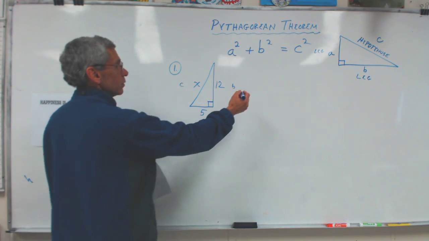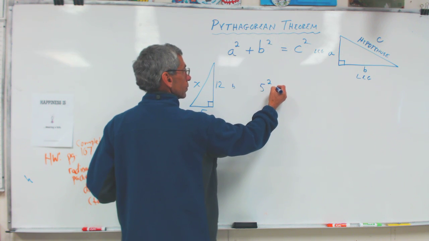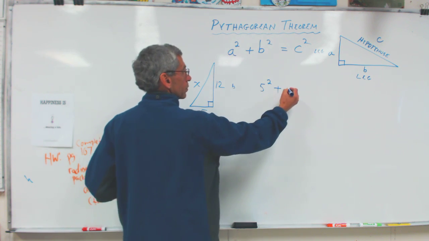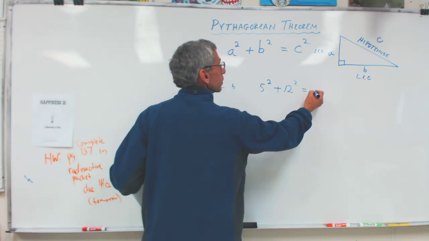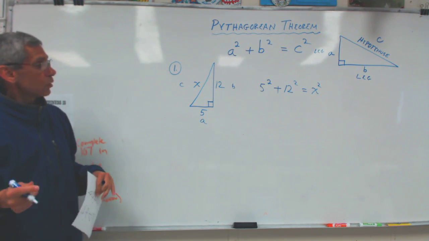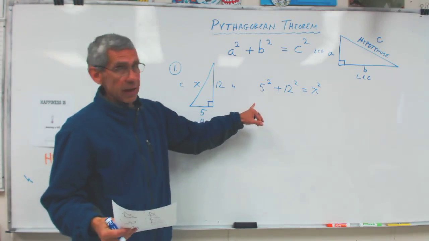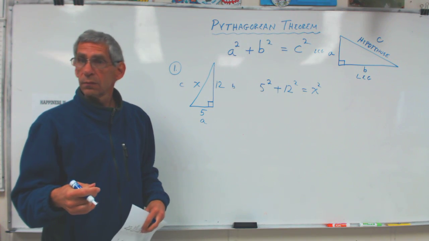Yes? So then it would be 5 squared plus 12 squared equals x squared. I'm going to replace the C with the X. So what is 5 squared? 25.